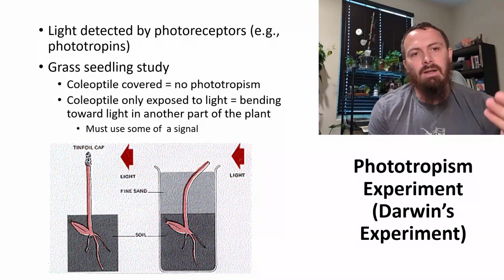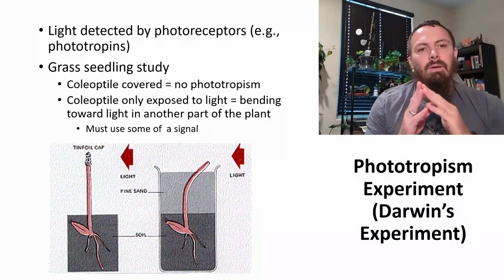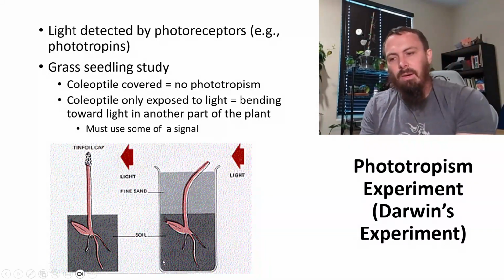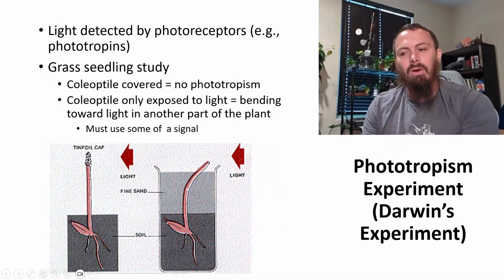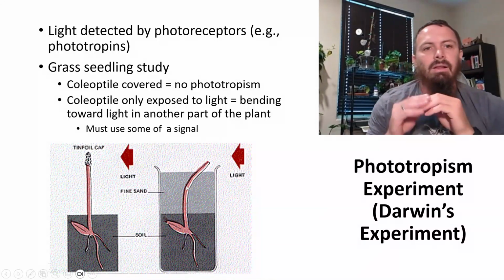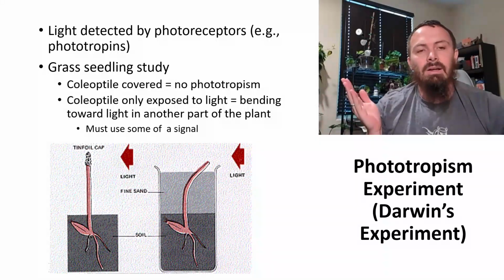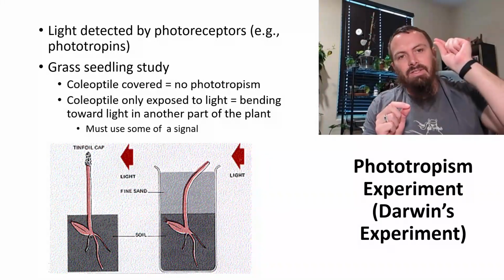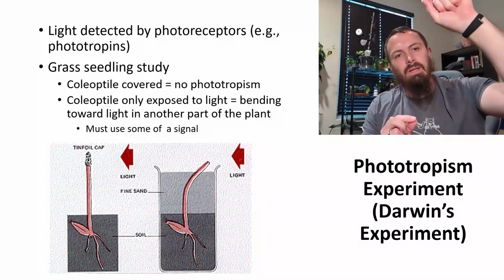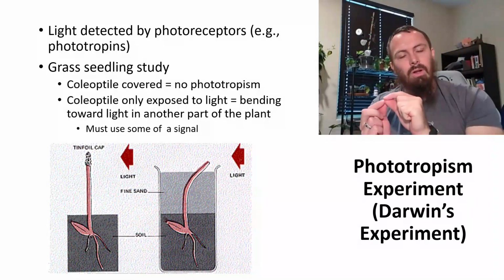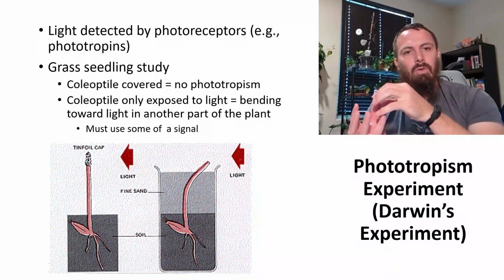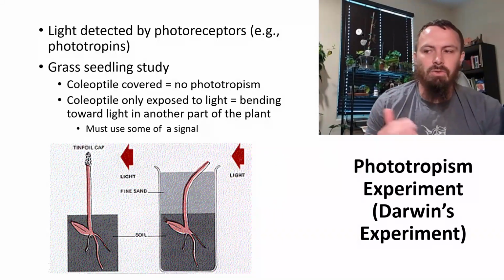So it would show positive phototropism. Now, what's really cool is that the part that would bend wasn't the part that was exposed to the light. The part that was actually doing the bending had no exposure to the light, meaning that there was some way that a signal from the coleoptile was being conducted down to part of the plant, modifying its growth habits and bending it towards the light source.